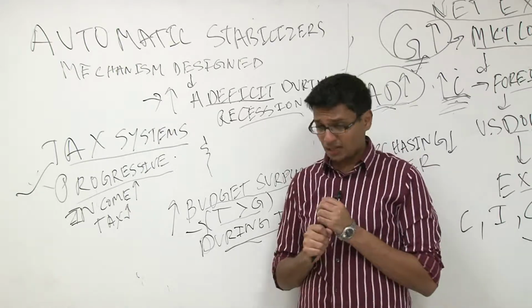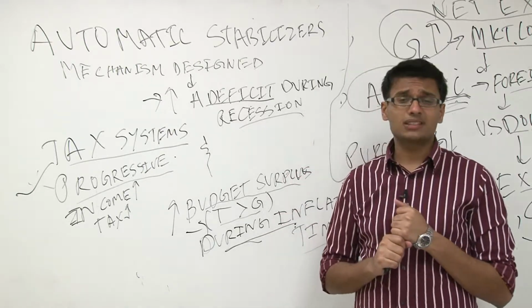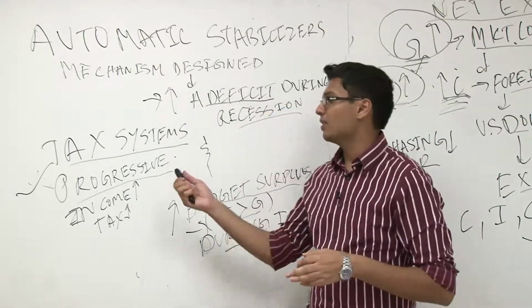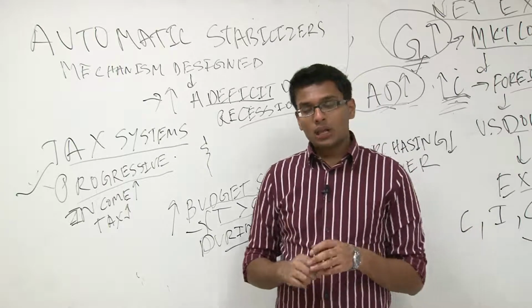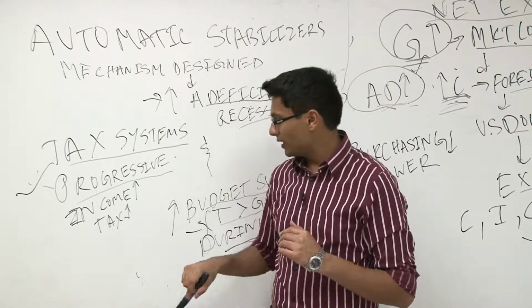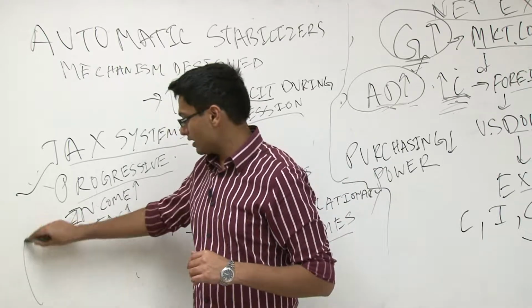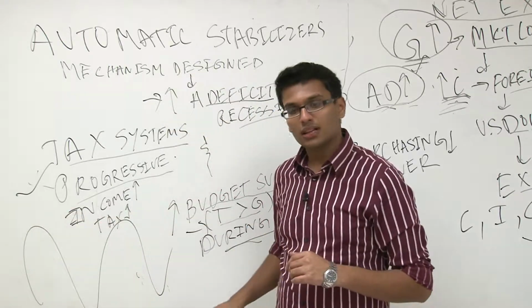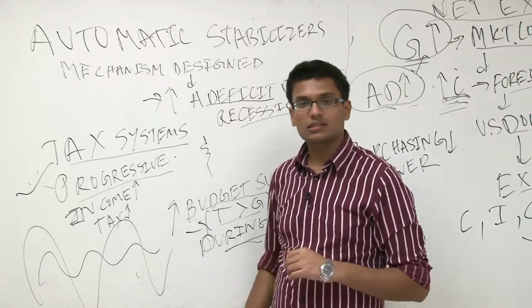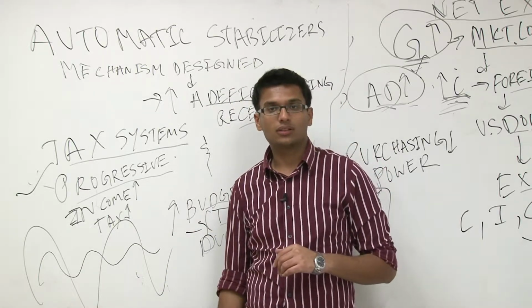Now, do automatic stabilizers fix business cycles? Absolutely not. We would not have had the 2008 meltdown if automatic stabilizers fixed everything. What they do is soften the business cycle, so we don't have business cycles that look like this, but rather something a little tinier, a more consistent business cycle.